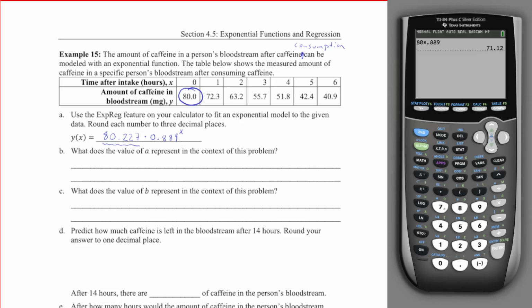That's not 72.3. 72.3 times 0.889, that's 64 and a bit, not 63.2, and so on. In fact, if we look at the graph of our regression equation passing through our scatter plot, we see that this is not perfectly exponential.